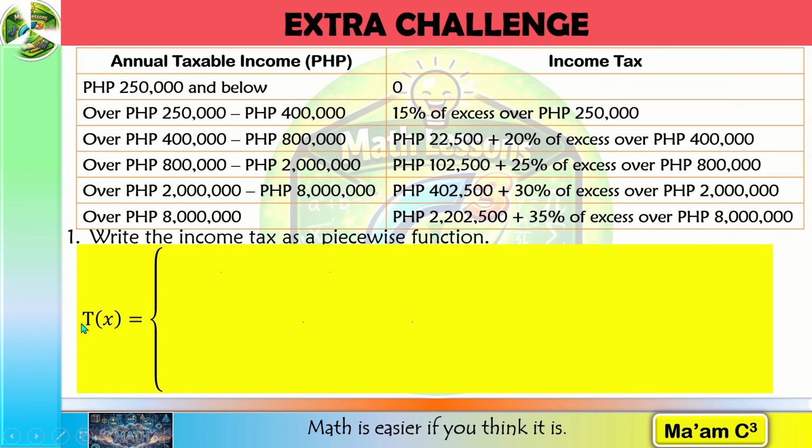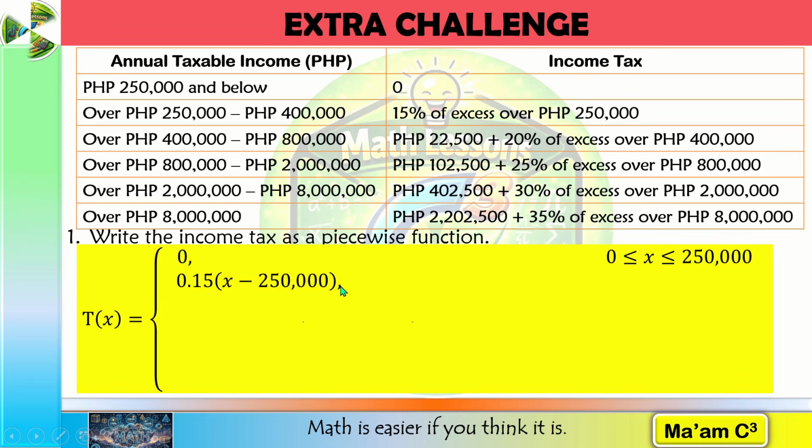I'll start with the first one. T of x is equal to 0 if our x is 250,000 and below. Meaning, x is less than or equal to 250,000 but greater than 0 because there is no negative income. Next condition, T of x is equal to 15% of excess over 250,000. So that would be 0.15 times x minus 250,000.